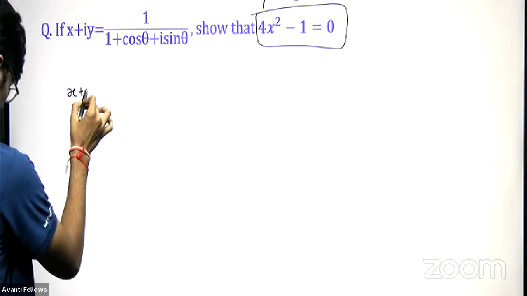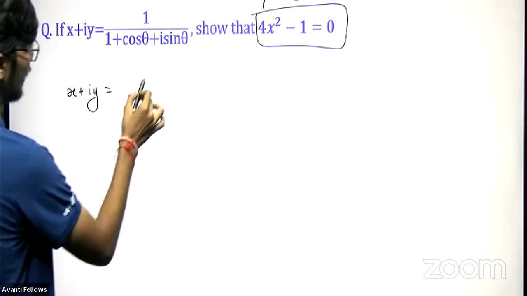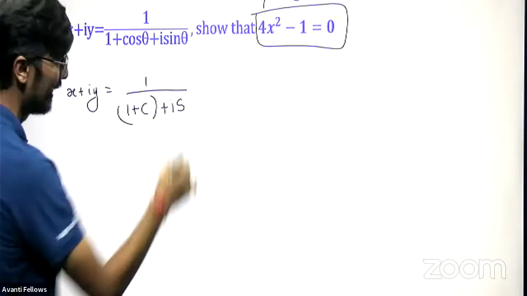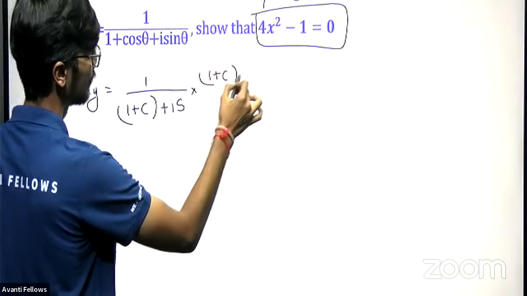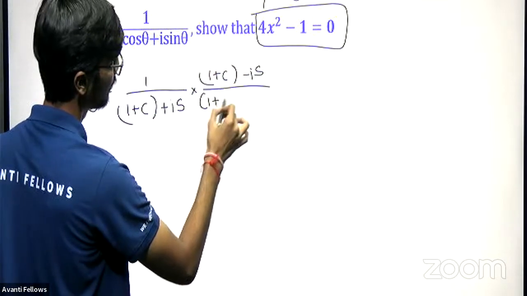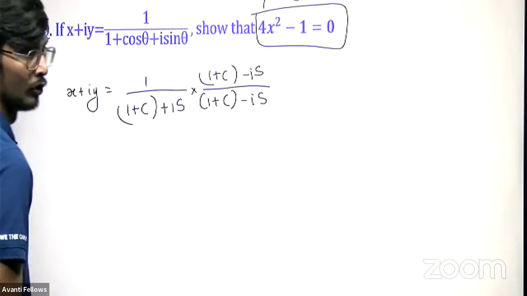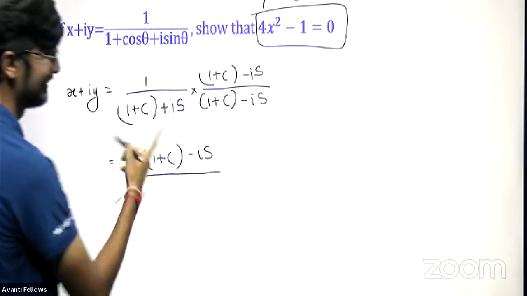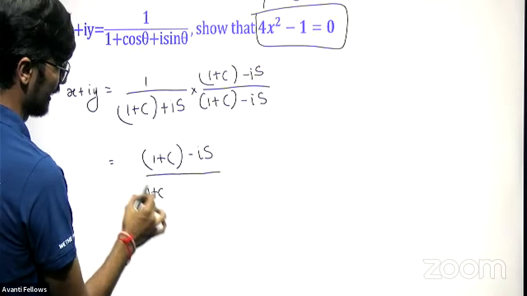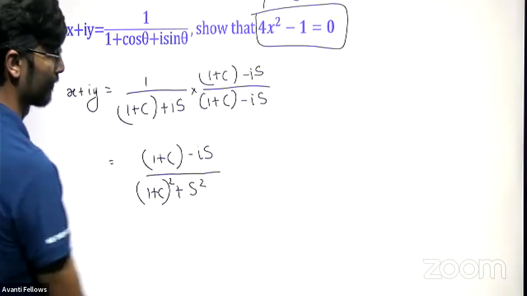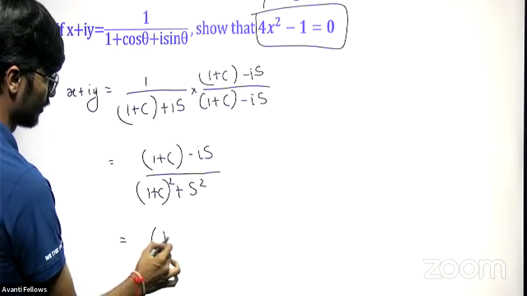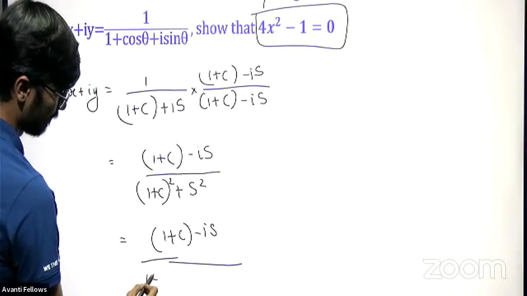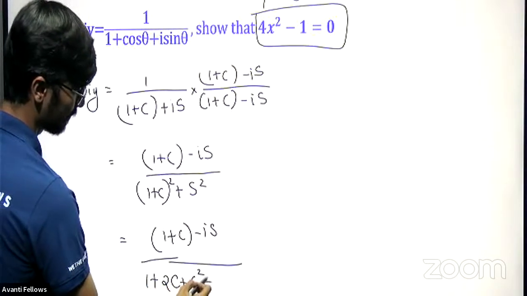So x plus iy can be written as 1 upon 1 plus cos theta plus i sin theta; I am writing cos theta as C, sin theta as sin. Multiply by the conjugate: 1 plus cos minus i sin upon 1 plus cos minus i sin. In the numerator, I'll get 1 plus cos minus i sin. In the denominator, a square minus b square becomes a square plus b square for us. Opening it: 1 plus 2 cos plus cos square plus sin square.